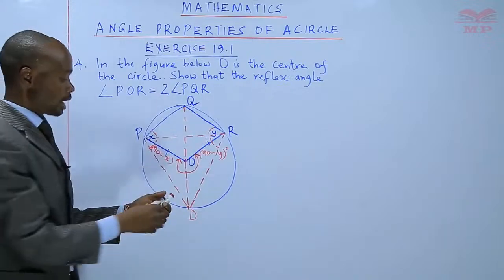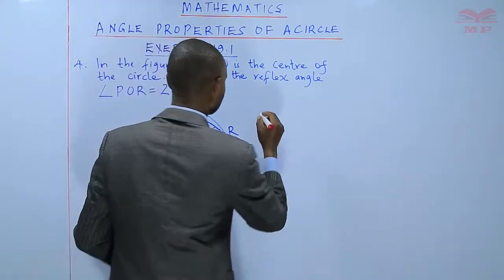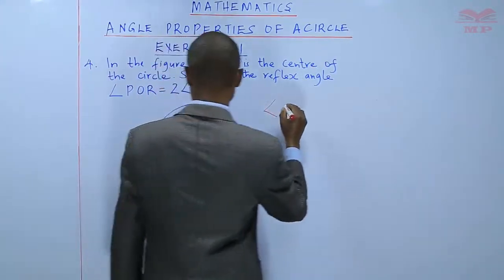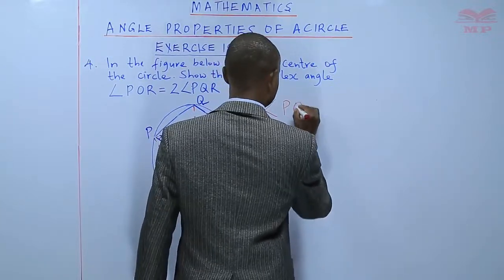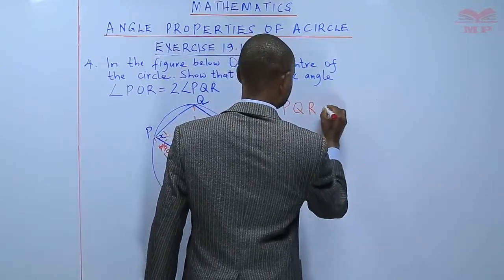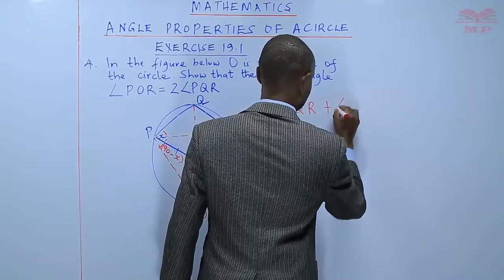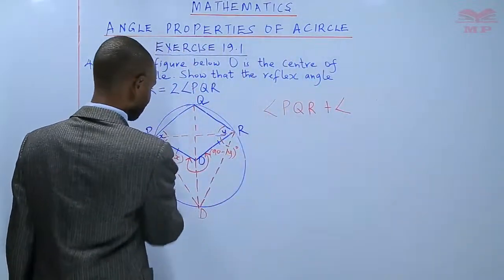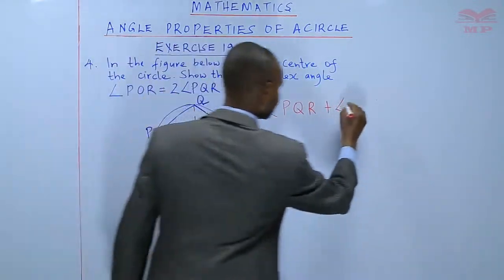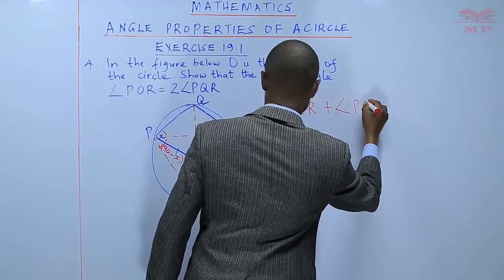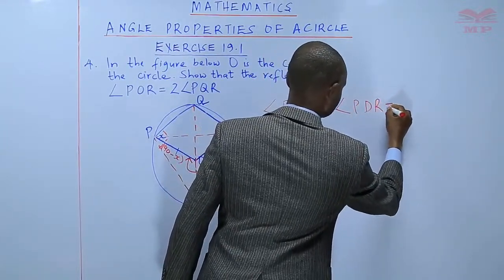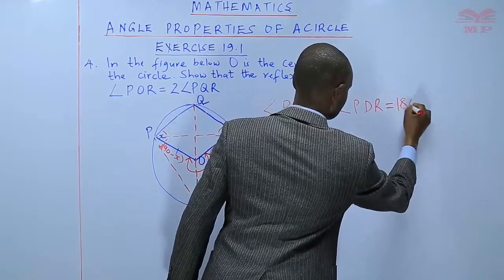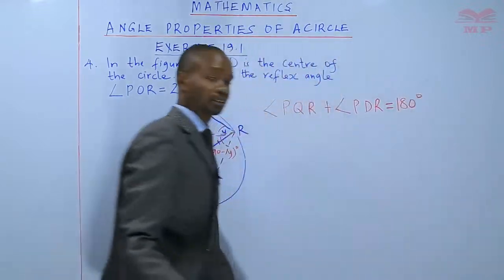So to get PQR, angle PQR plus angle PDR, their sum should give you 180 degrees.